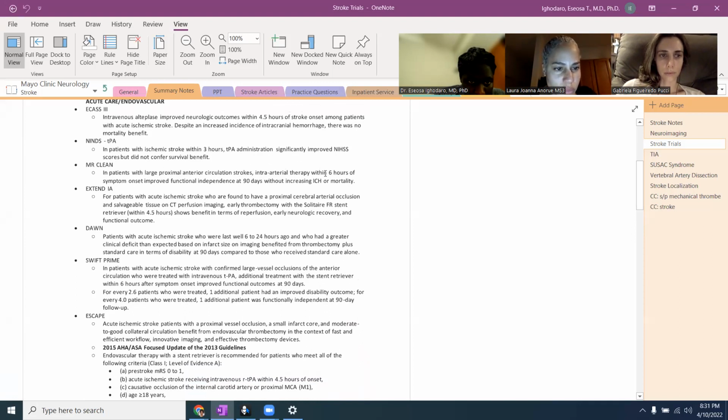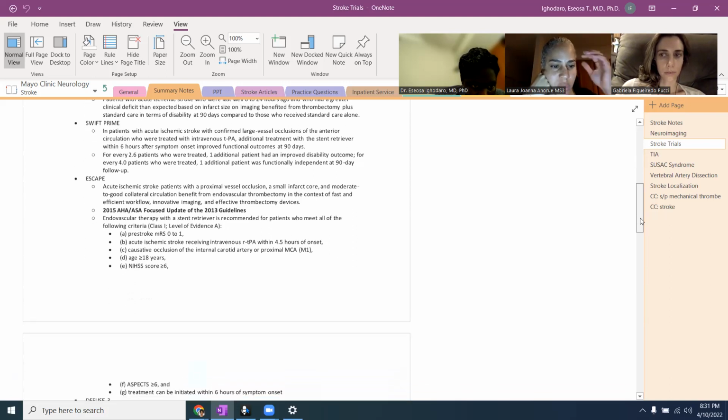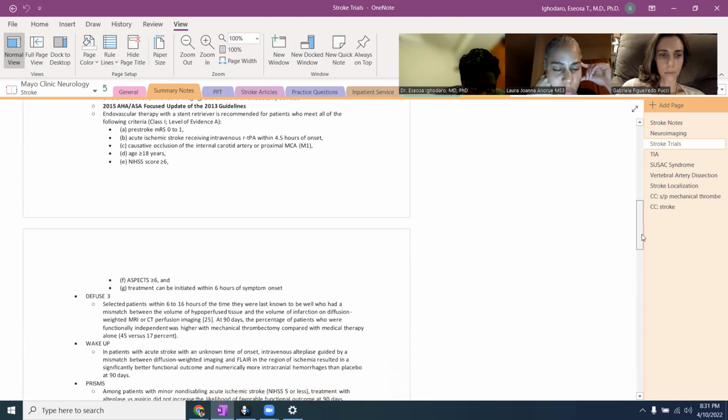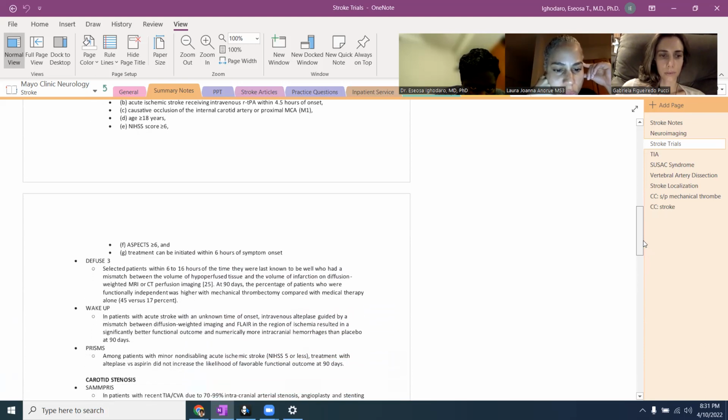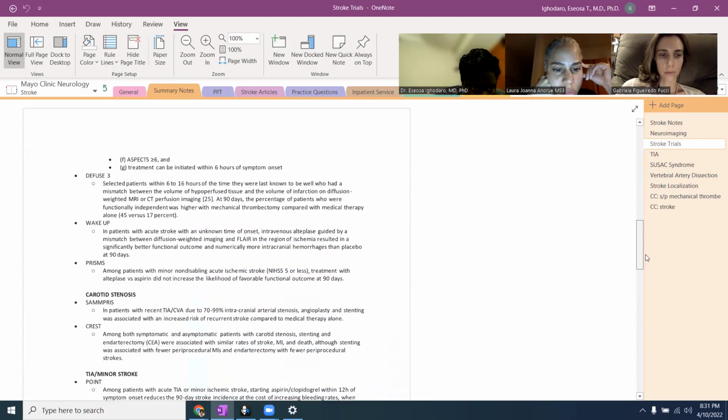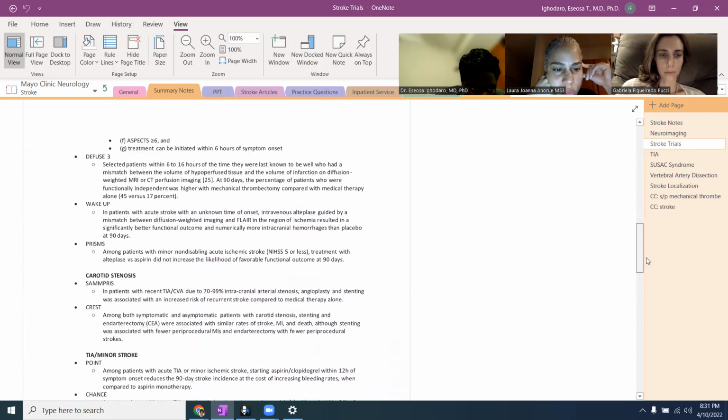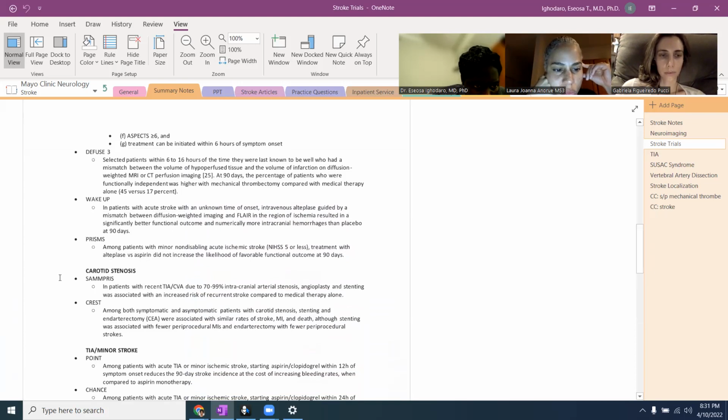This is all thrombectomy. Okay, so carotid stenosis, that's stenting.